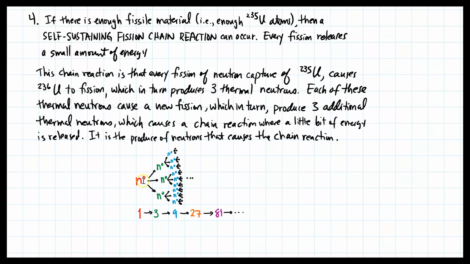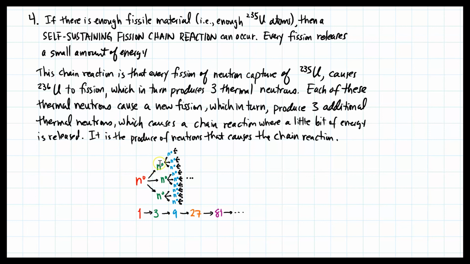So that first red neutron, after it goes through some fission, then produces these 3 green neutrons. But these 3 green neutrons are the same as the red. Each of these thermal neutrons causes new fissions, which then each in turn produce 3 more additional ones.